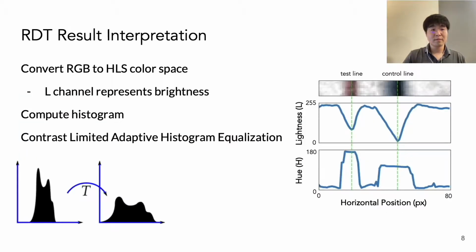For result interpretation, we first convert RGB images to HLS color space, where the L channel represents brightness. We then compute a histogram on the L channel and apply contrast-limited adaptive histogram equalization. Then we detect troughs in the result window, which represent visible lines. It also checks whether the line has the correct color for test and control lines.